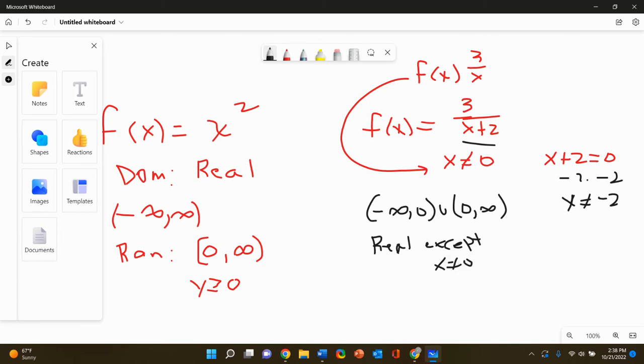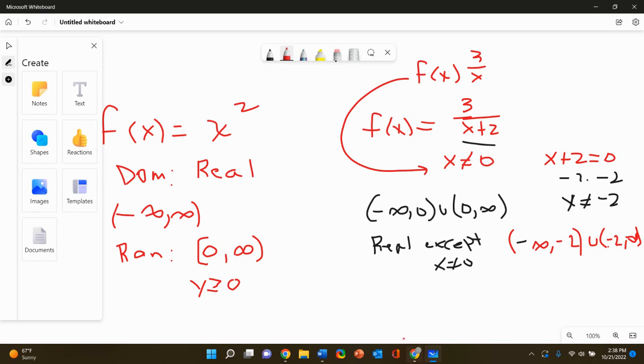And the same thing would be true over here. I would go from negative infinity to -2, and then I want a union there and go -2 to infinity. So I hope that helps you with that.